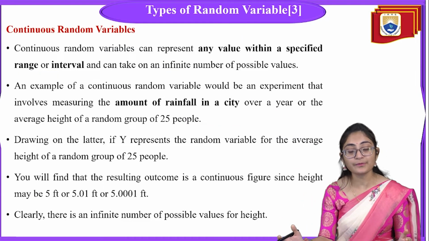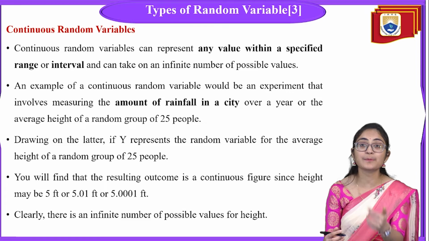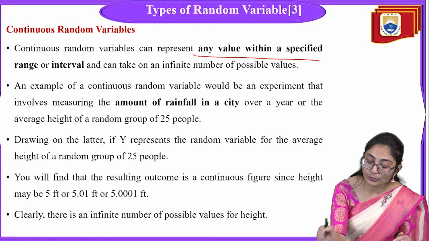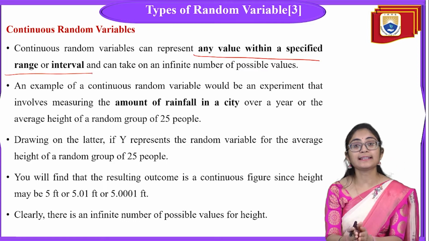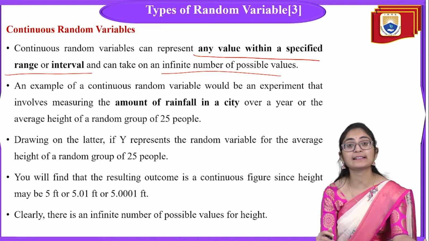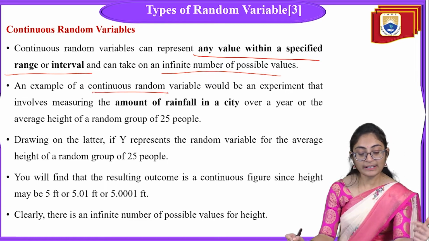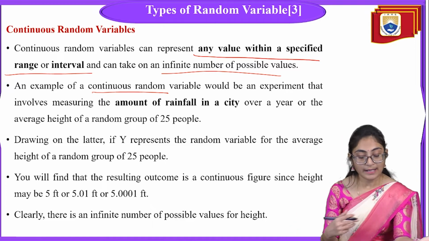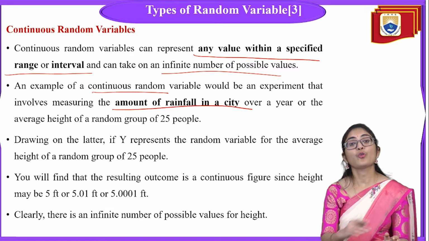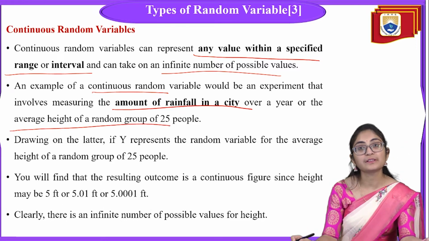Now, continuous random variable. What is meant by a continuous random variable? A continuous random variable generally represents any value within a range or interval and can take an infinite number of possible values. We can take the example of measuring the amount of rainfall in a city over a year, or finding the average height of a random group of 25 people.